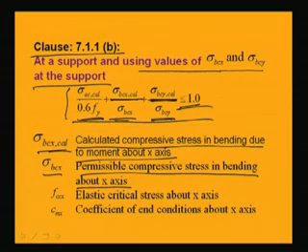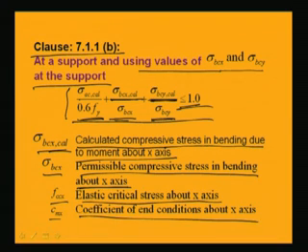Similarly, sigma BCy will be about y axis, and FCCx is the elastic critical stress about x axis, and Cmx is the coefficient of end condition about x axis. Similarly, for y axis it will be.